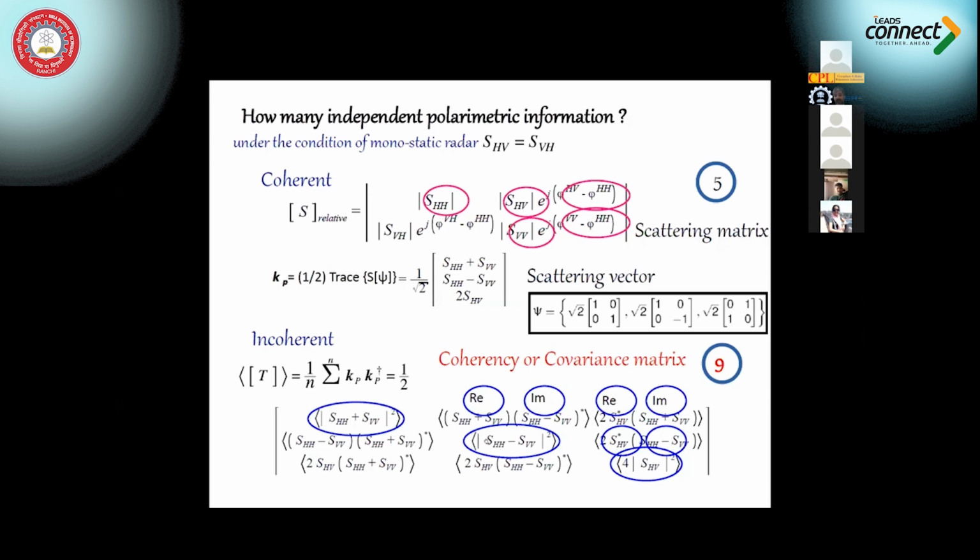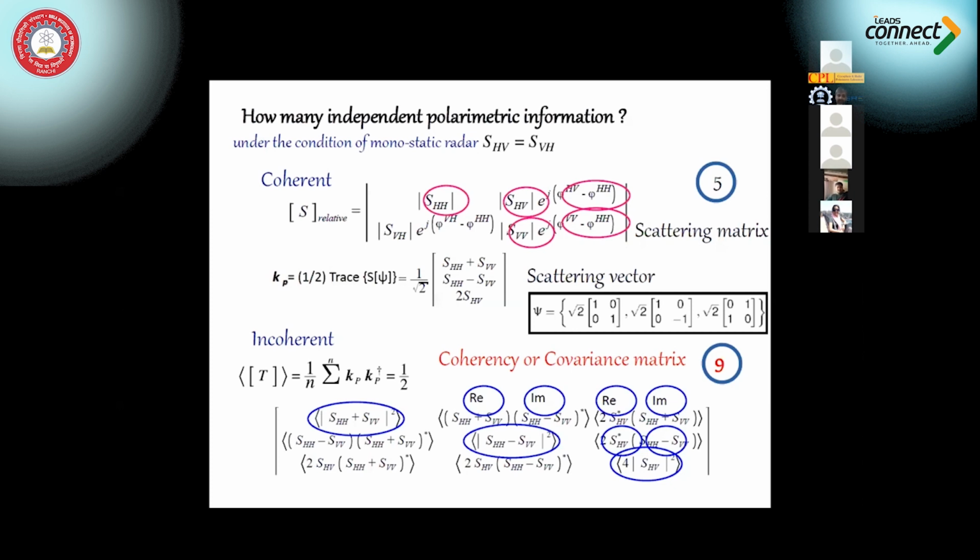Next one, S_HH minus S_VV modulus squared is representative of double bounce scattering, and HV generally comes from the depolarization phenomena. It can happen from vegetation mainly. It can also come from glaciers or some oriented urban areas. So these are the kinds of physical interpretation of the T matrix elements.